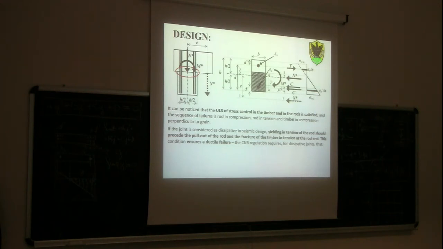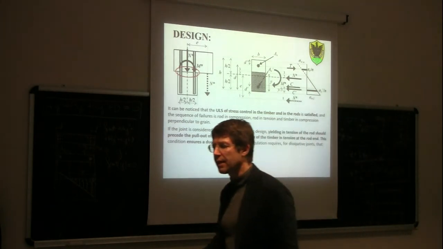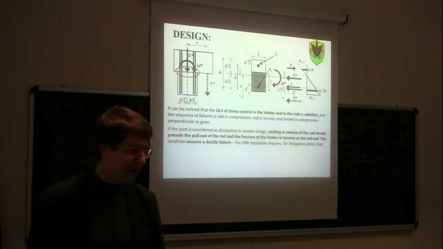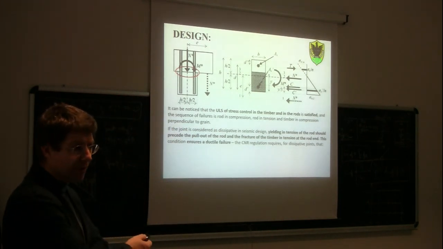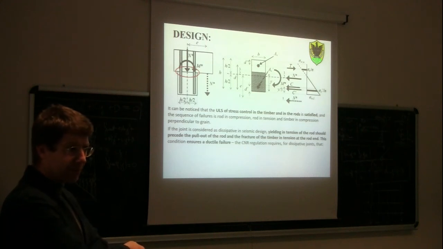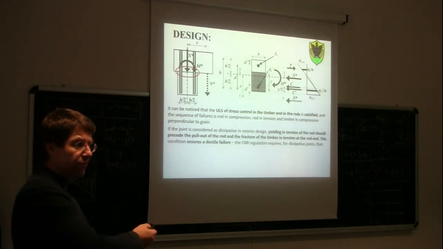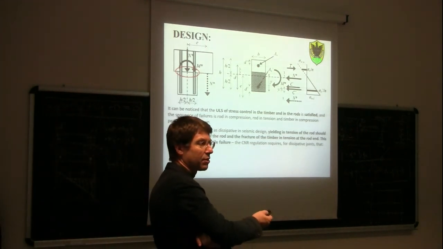Is the failure in this case characterized by a yielding of steel? No, because the failure is actually for buckling. So this wouldn't be okay. This joint cannot be considered as dissipative.